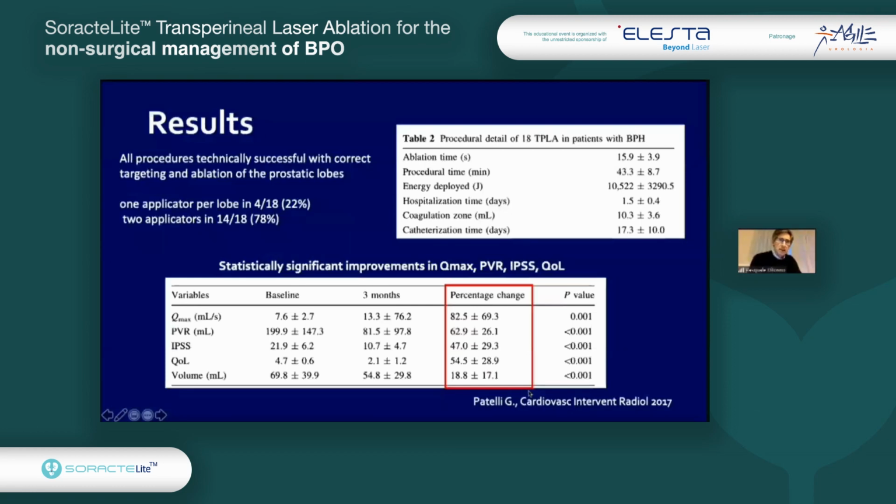So the study was a success. In fact, all procedures were technically done correctly, with good targeting and ablation of both prostatic lobes.